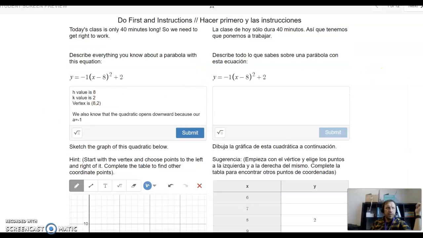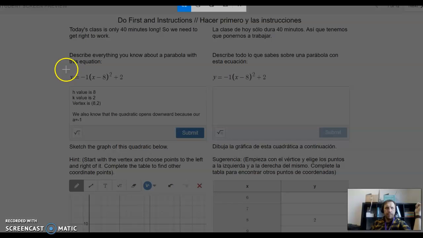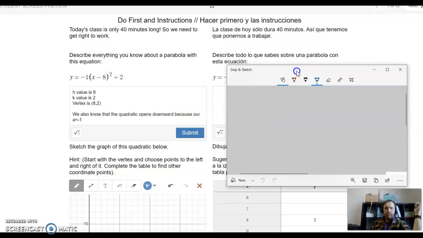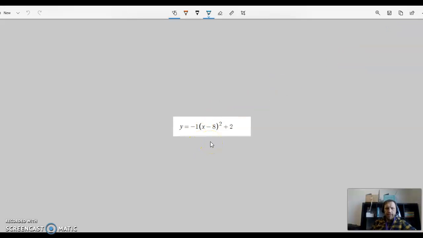Let's grab this equation and do this on paper here. All right, so if I have this equation, I'm going to plug in 7.